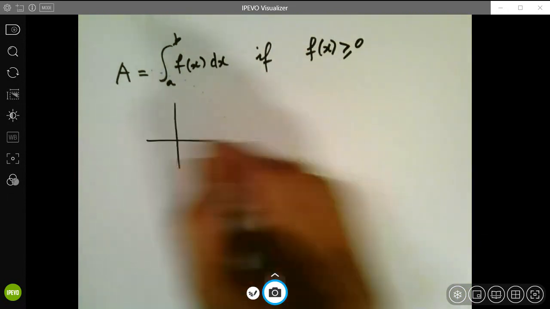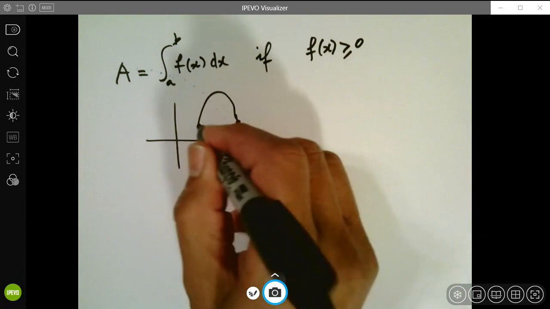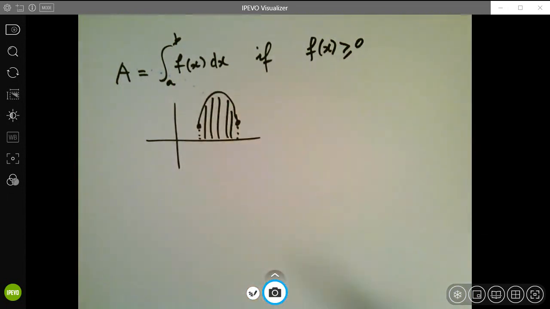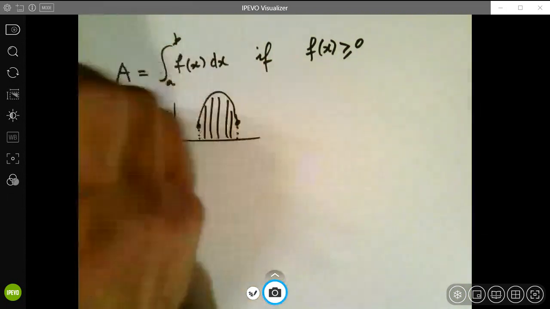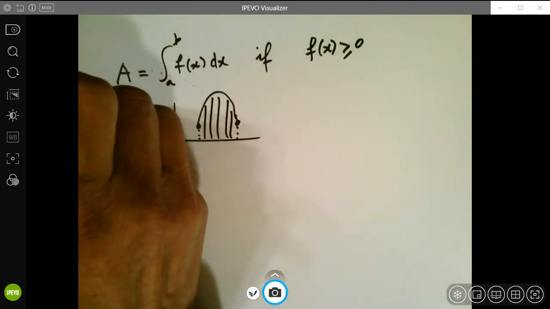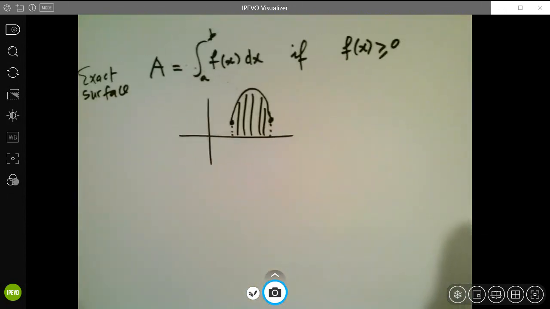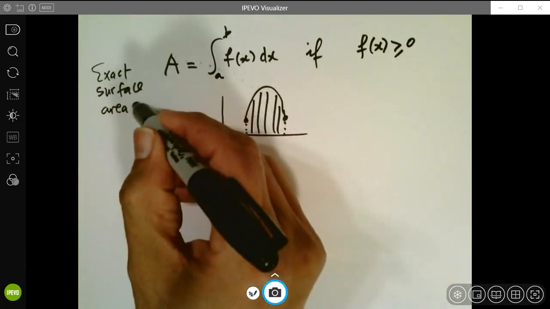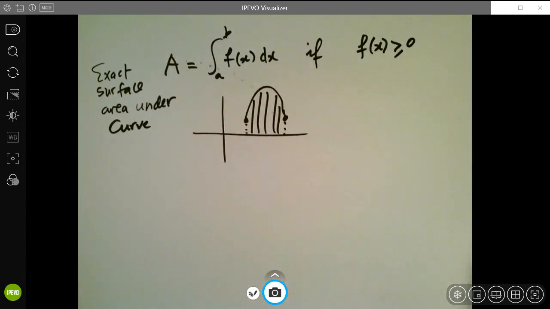So it has to be over the x-axis. If it's not, then it's a problem. It's not surface area, it's algebraic surface area. Then this one will be the exact surface area under the curve.